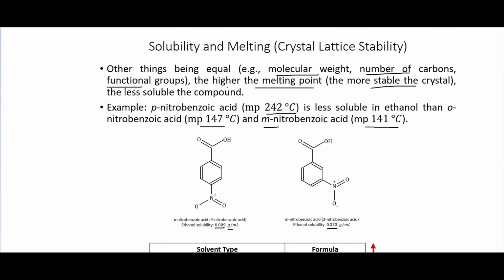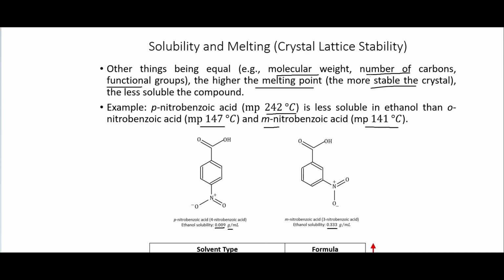And so we see that in general, with everything else being equal, the molecular weight, number of carbons and functional groups, anything that has a higher melting point is going to be less soluble than something that has a lower melting point.